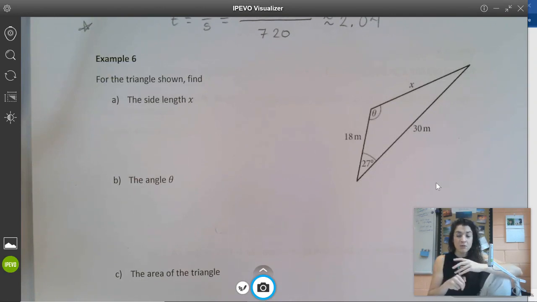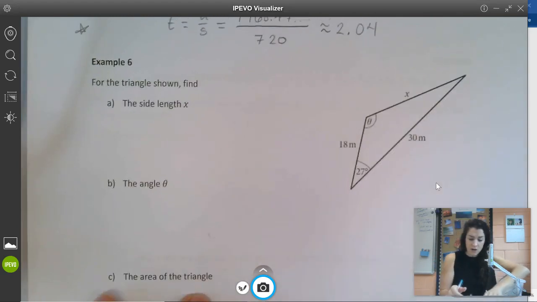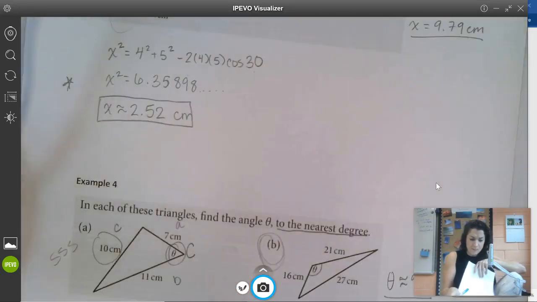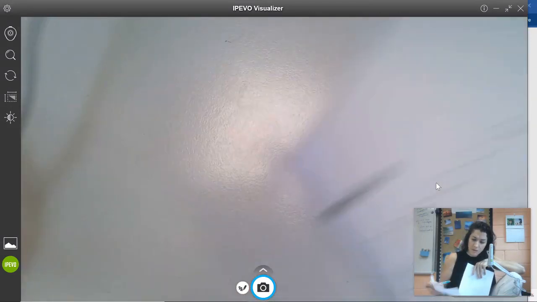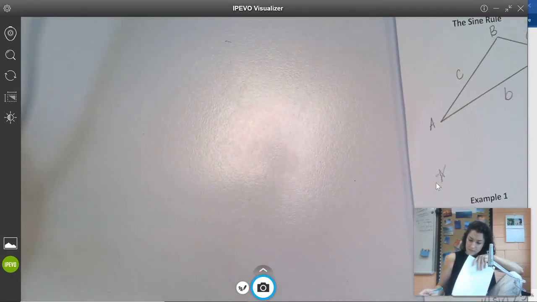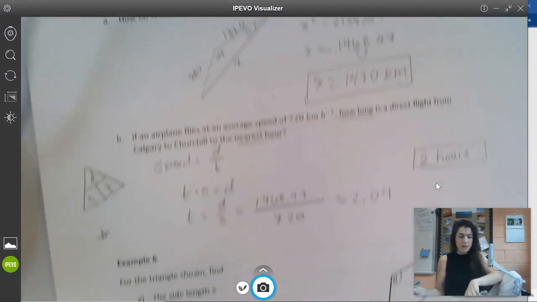My biggest recommendation, my biggest hint for you is try one of them. You will find the one that won't work. If you plug it in and you notice that you have more than one variable, I think we talked about this last time. Maybe we didn't.